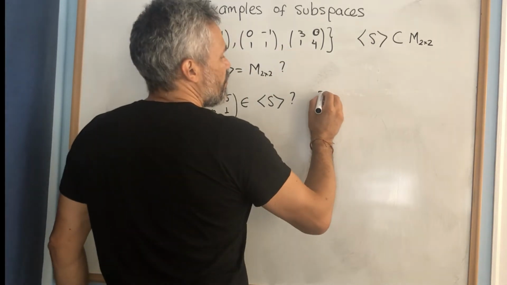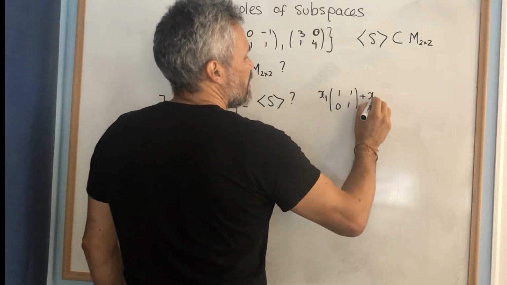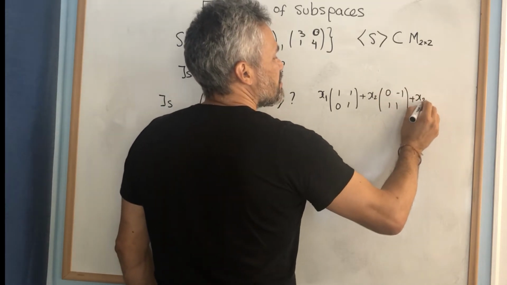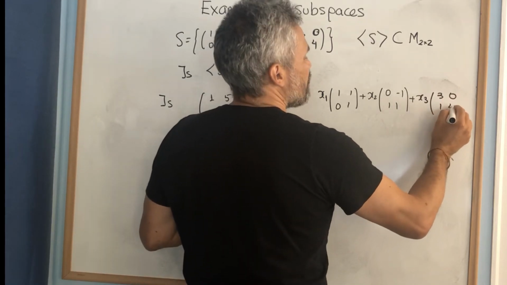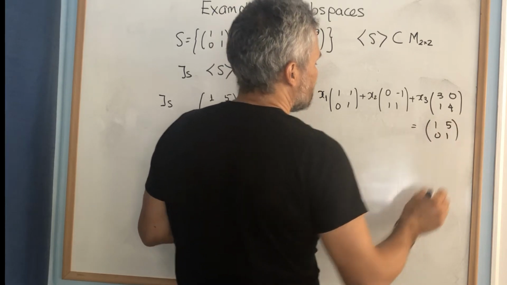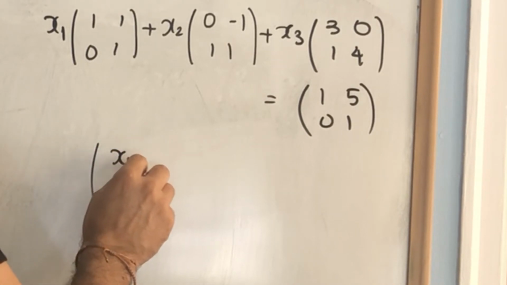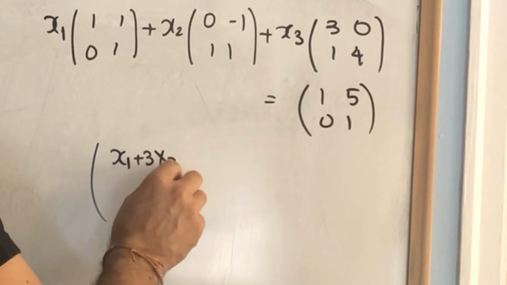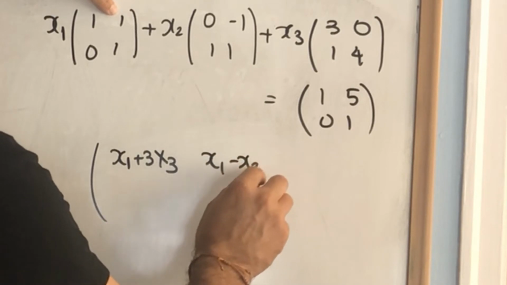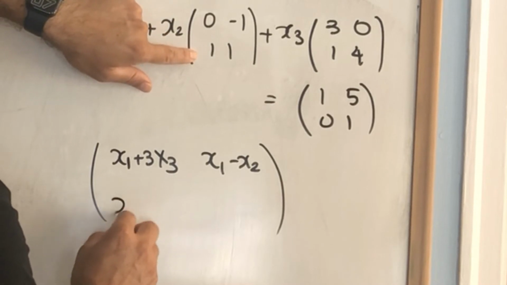That is, can we find three weights, x1 times the first matrix plus x2 times the second plus x3 times (3, 0; 1, 4), equal to (1, 5; 0, 1)? Then the left hand side becomes the matrix whose first entry is x1 plus 3x3. The second entry will be x1 minus x2. This entry will be 0, and the last is x2 plus x3.